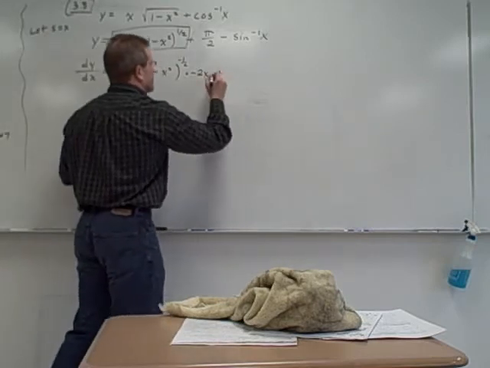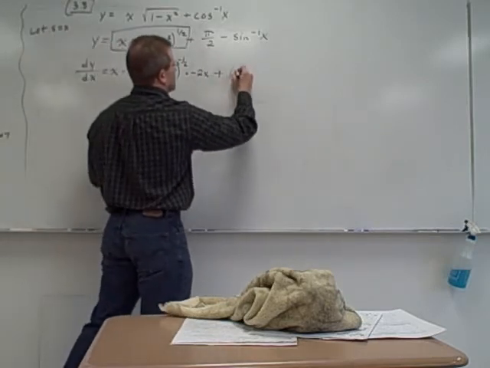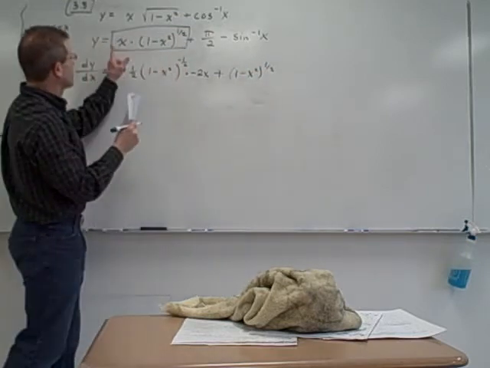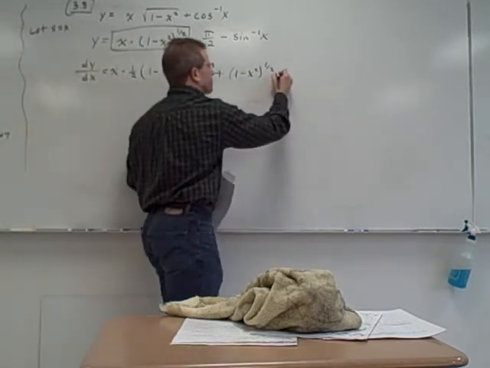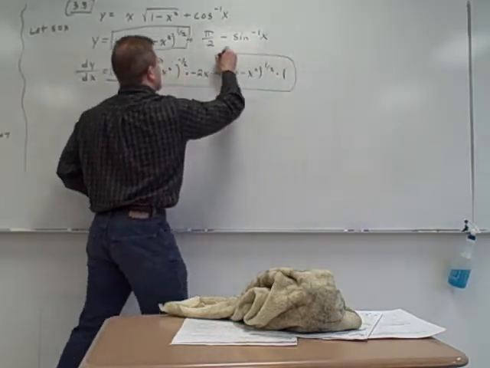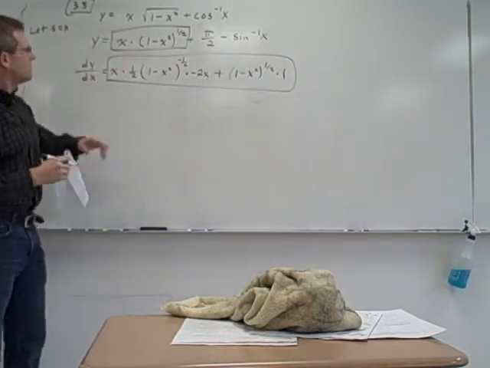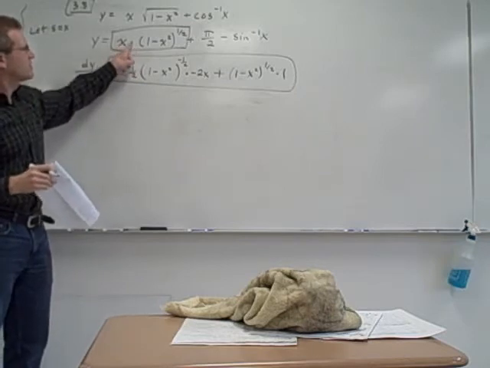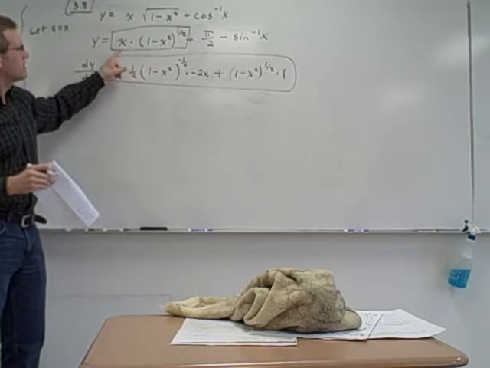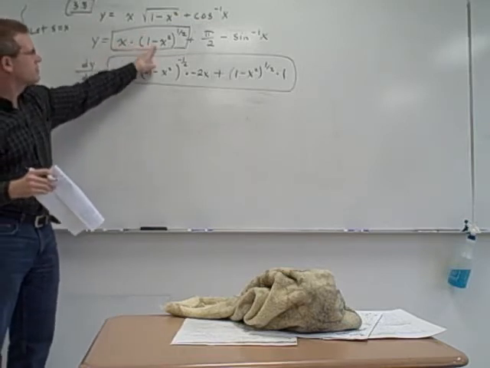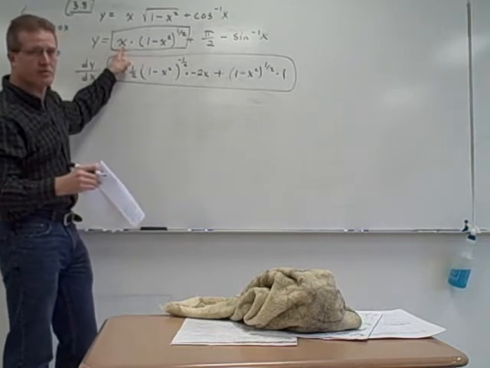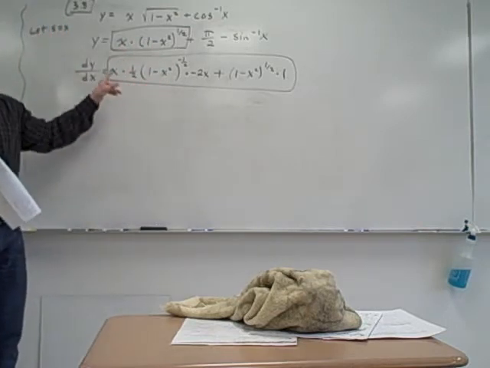Plus, now you take your second expression, which is 1 minus x squared to the half, times the derivative of x, which is 1. So that whole thing is the derivative of what's in this rectangle up here. And I did first expression times the derivative of the second, plus the second expression times the derivative of the first. Any questions about that part?